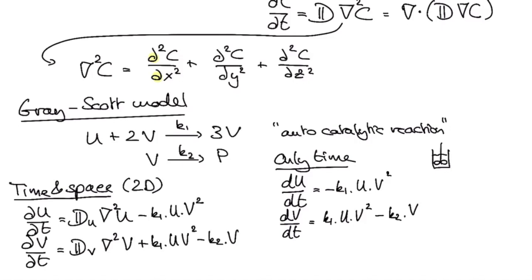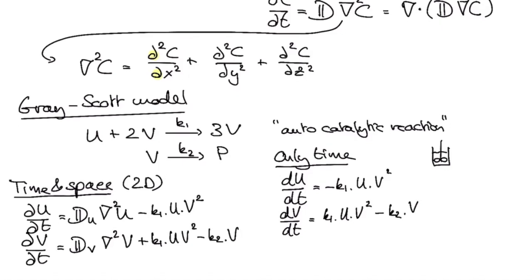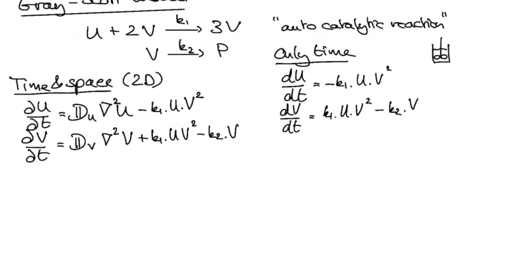In this case, there's still an element missing, and I'll tell you why. Instead of a well-stirred reactor, you would have, for example, a gel reactor: a very thin layer where all my components are inside and they can diffuse and they can react.